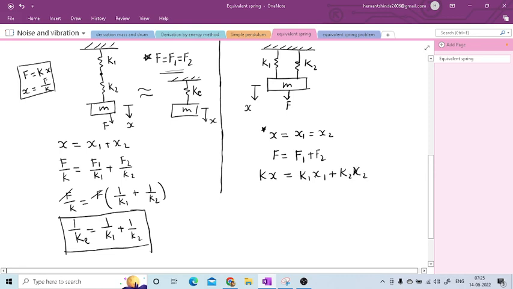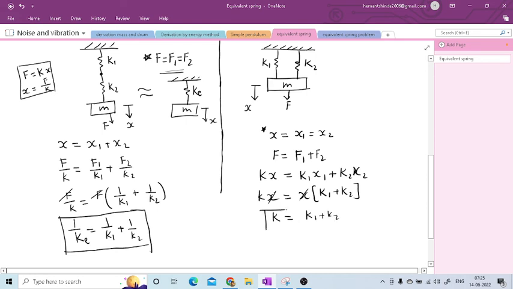We know that X is equal to X1 is equal to X2, so I take X common, and in the bracket K1 plus K2 will remain. Now we can cancel X. So the formula will be K equal to K1 plus K2.